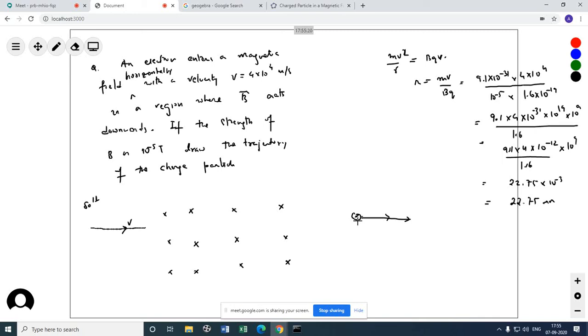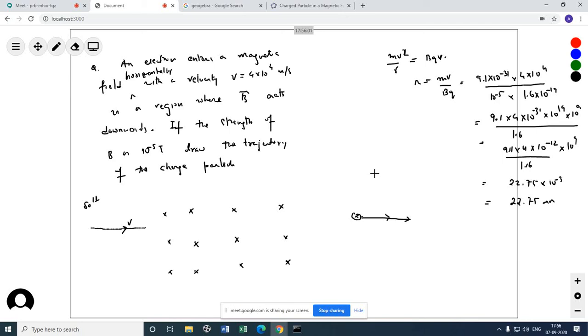V cross B will be, if this is the V vector, fold it toward the B vector. Now it's better if you can understand this with the help of Fleming's left hand rule, because the motion of a charged particle is associated with a current.